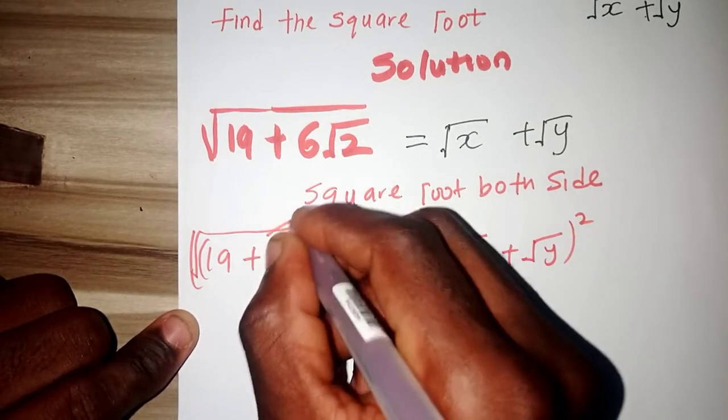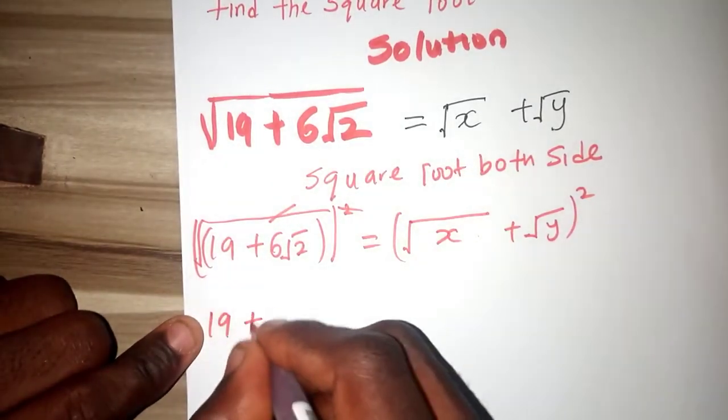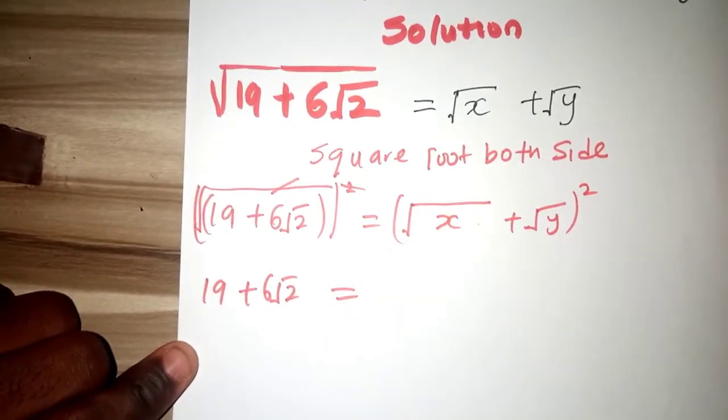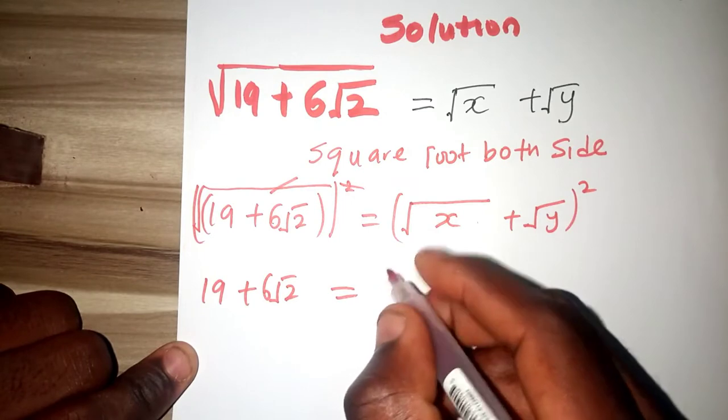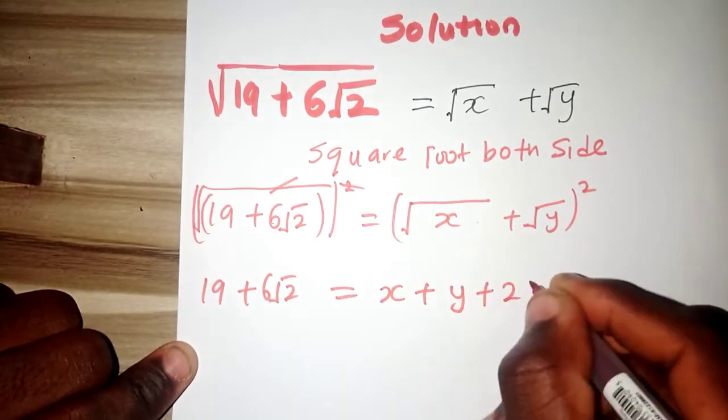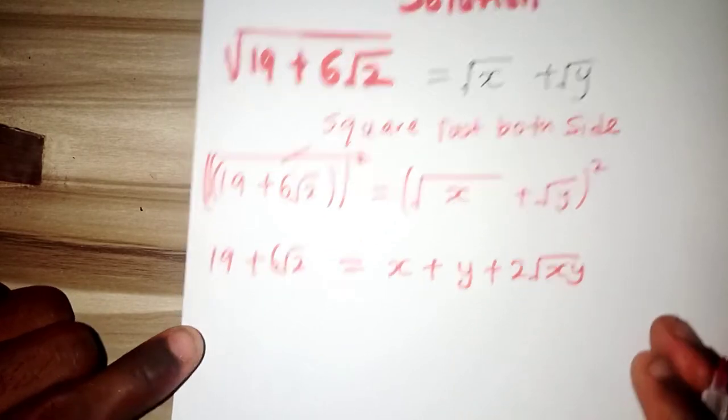The square and square root cancel, and you are left with 19 plus 6 root 2 equal to root x plus root y all squared. Then you open the bracket, so you have x plus y plus 2 root xy.